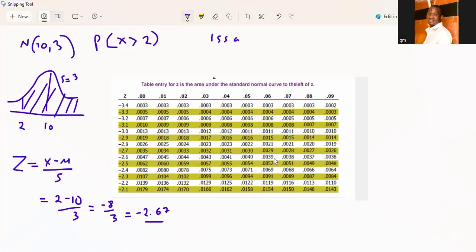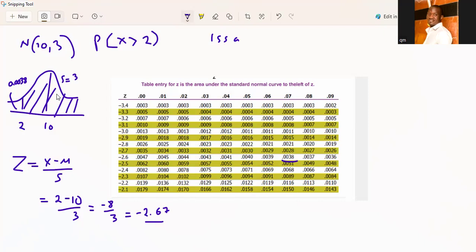What is the reading? 0.0038. So that is a reading from here to here. But what we're interested in is the shaded region.